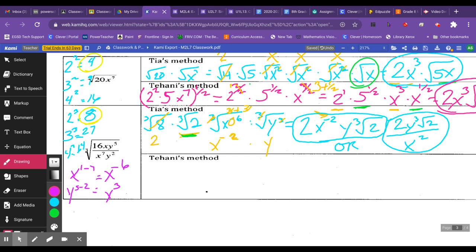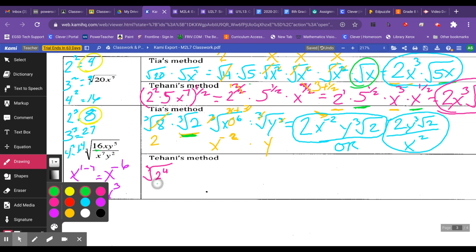So 2 times 2 is 4, times 2 is 8, times 2 is 16. I needed 4 2's to get to 16. So cubed root of 2 to the 4th is the same thing as my 16.